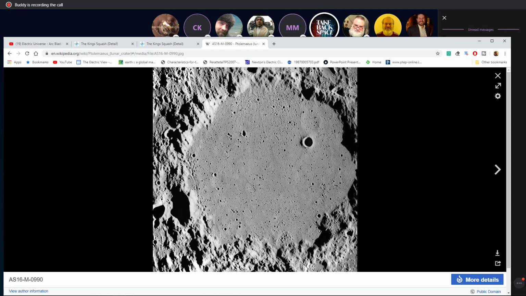You can see some striations along the rim. Here, this right here seems to be, it's not completely flat.